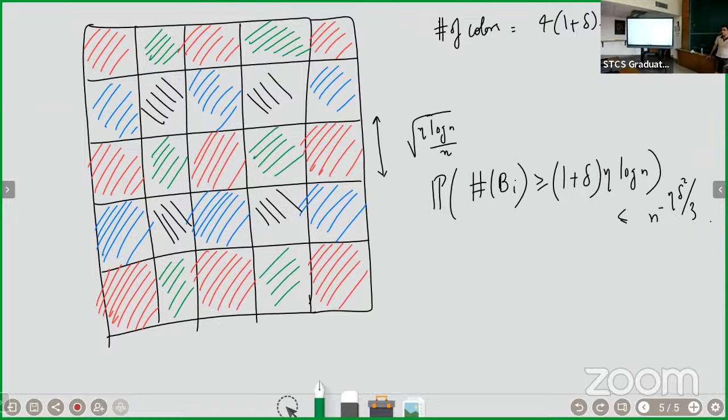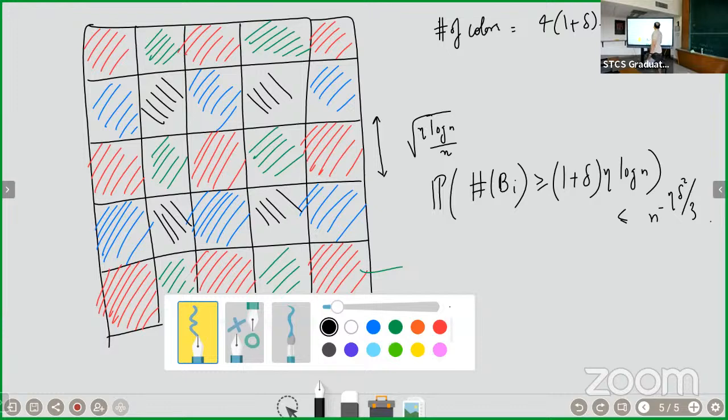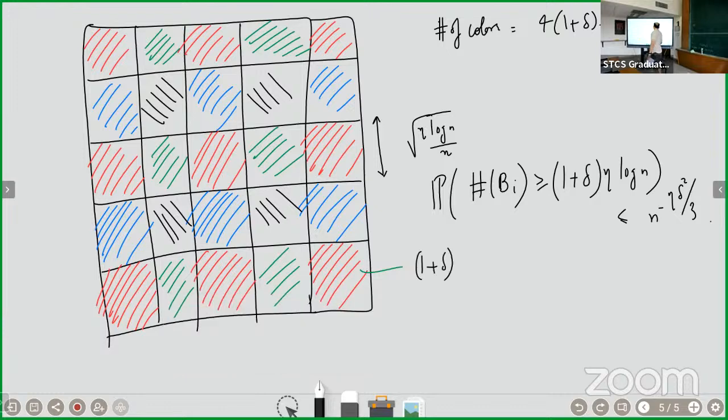Pick any box and start assigning different colors to each of the points. So necessarily, when I'm saying 4 different colors, I will never give the same color here as well. So these boxes are definitely not overlapping in color. And in each of them, I use 1 plus delta times eta log n different colors.